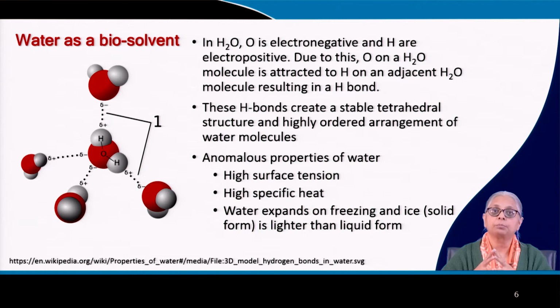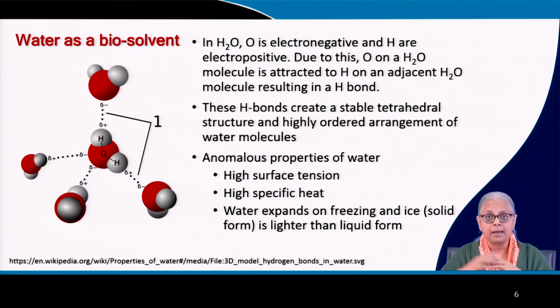The anomalous properties of water that we know: it has high surface tension, it has high specific heat, and it expands when frozen, so ice is lighter than the liquid form. The solid form is lighter than the liquid form. No other solvent has the same properties, and this is what allows life to survive even under sub-zero conditions.